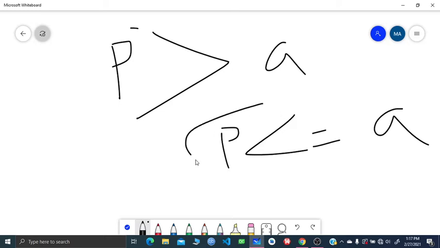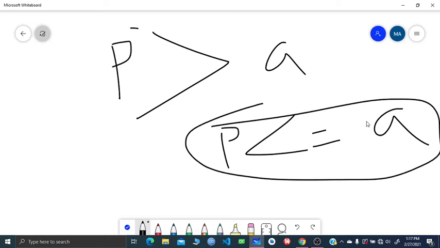Now what is this referring to? This is referring to A being bigger than or equal to P, which means P will come earlier than A. If P is equal to A, then the answer is 0.